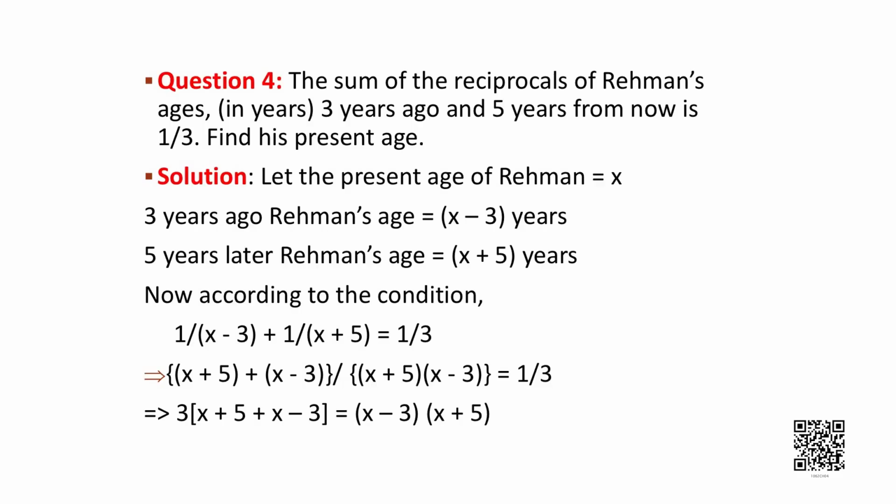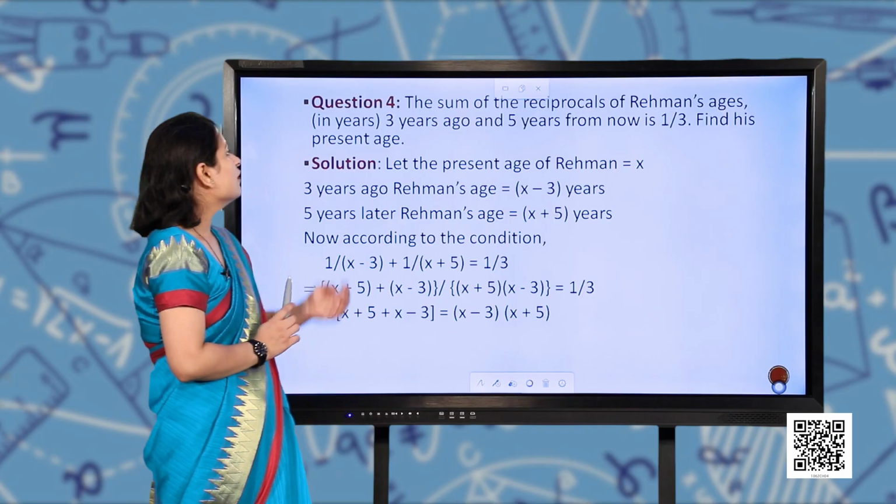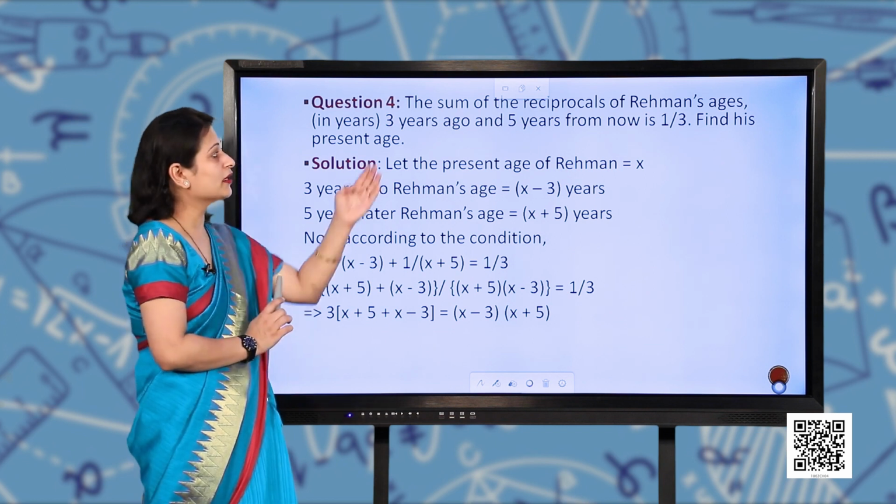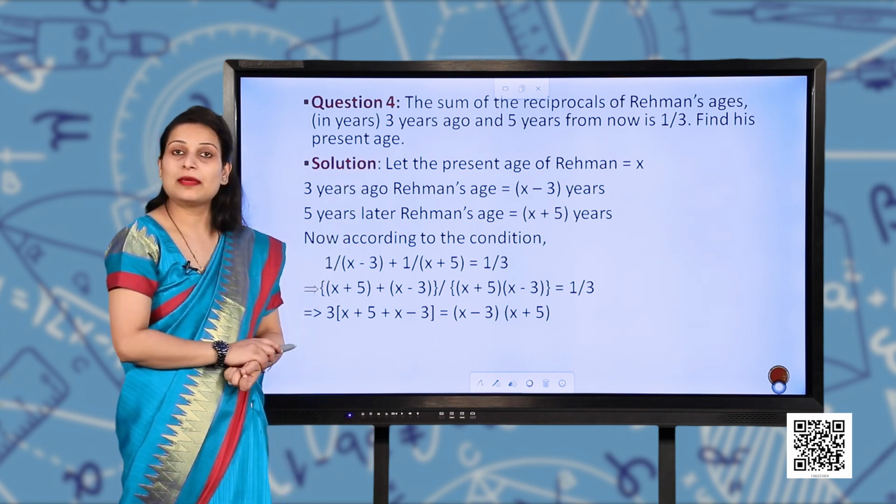Next question, question 4. The sum of the reciprocals of Rahman's age in years 3 years ago and 5 years from now is 1 by 3. Find his present age. So, we need to calculate the present age of Rahman.